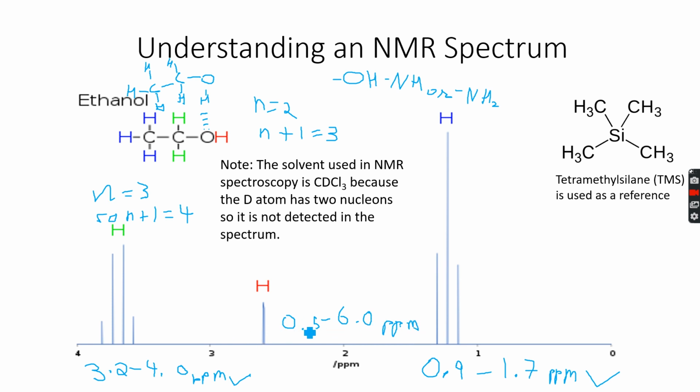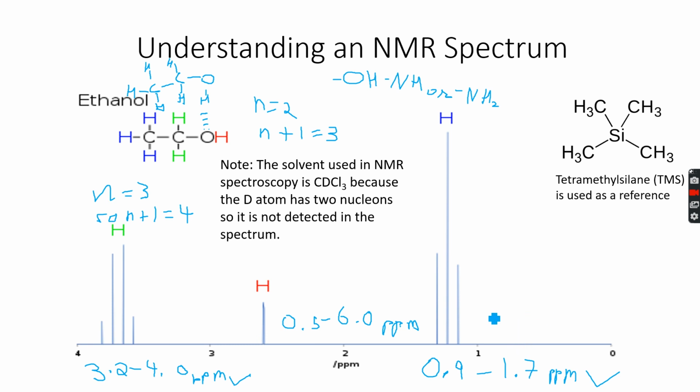So the range for the OH peak is between 0.5 to 6.0, so it can be anywhere between 0.5 to 6.0, and as you can see, it is between 0.5 to 6.0. So the fact that there is such a large range for the OH peak poses some problems, because it can literally be anywhere. So for ethanol it is here, for some other molecule it might be here, for some molecule it might be here, so you never really know where it is.